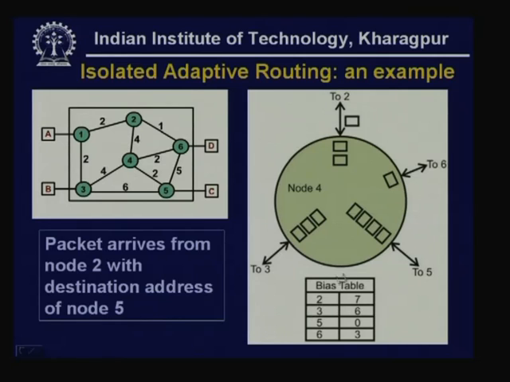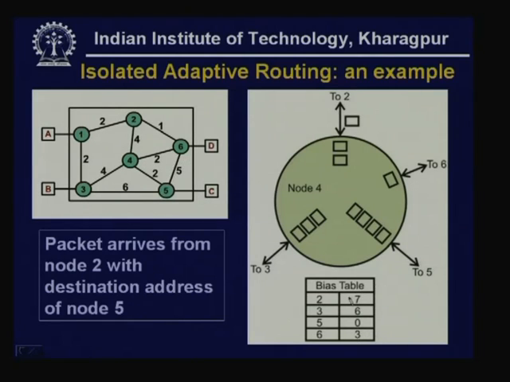On the other hand, there is a bias table. As you can see, the bias towards 2 is 7, because it is going in the direction of the source. That is why here the bias is more. Towards 3, the bias is 6, because again it is going away. If it is going in this direction, the bias is 0, and whenever it is going in this direction, again it is going a little off, so the bias is 3.